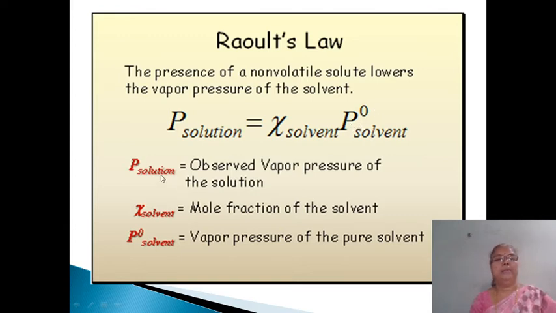Here P solution is equal to the observed vapor pressure of the solution, then X solvent is the mole fraction of the solvent, and P0 solvent means the vapor pressure of pure solvent.